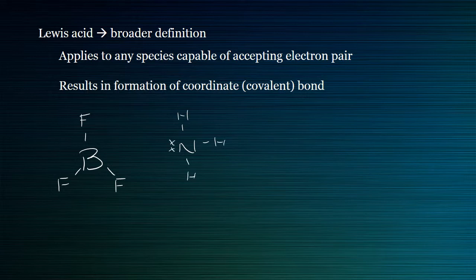So if we take boron trifluoride and introduce it to ammonia, well, ammonia has the capability of providing its electron pairs to complete boron's incomplete shell. And so we create a more complex compound.